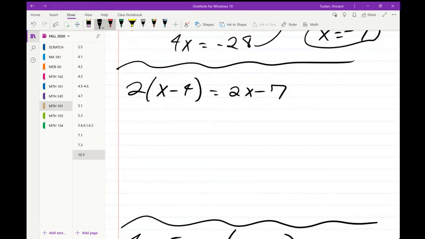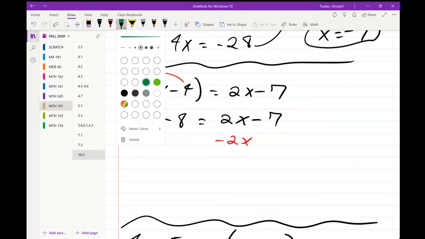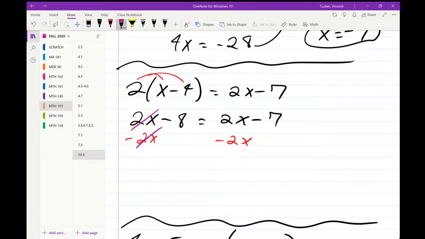All right, so here we'll distribute. That'll give us 2x minus 8 equal to 2x minus 7. Now, if I decide to solve by subtracting 2x from both sides, notice that variables cancel on the left, but they also cancel on the right.